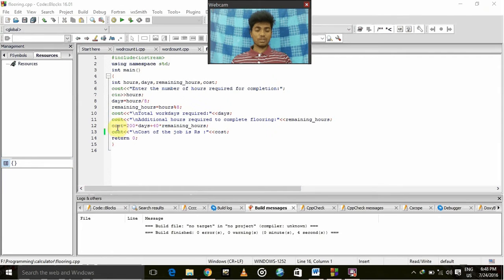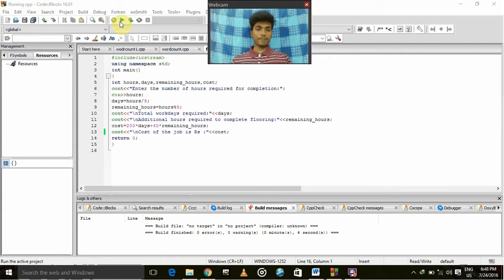So we have done cost equal to 200 times days, the rate of the day and the number of days, plus the rate per hour times the number of remaining hours needed. Then we would print out the cost of the job, whatever this answer is.